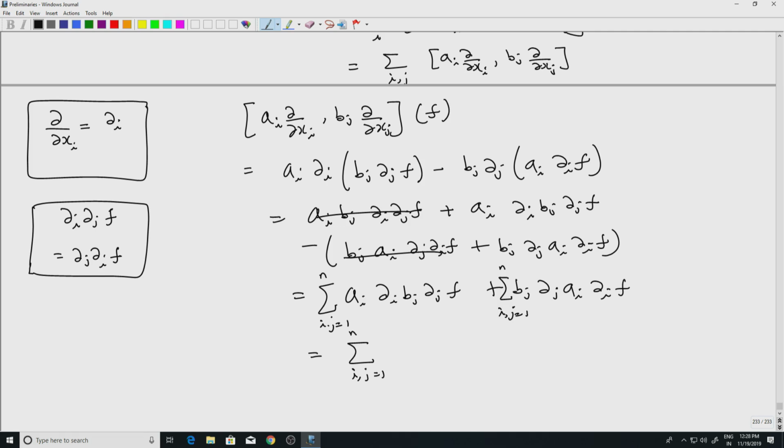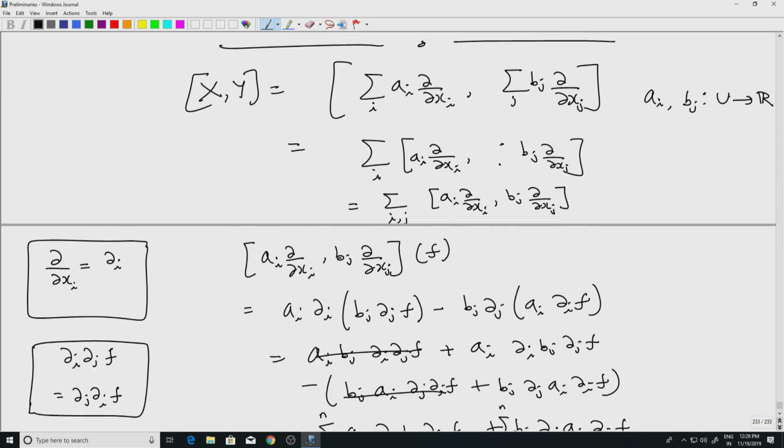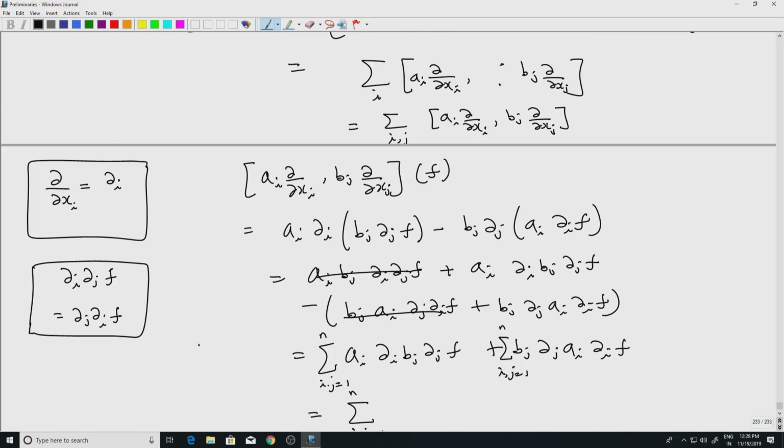Sorry, what I have here is not quite right. This is just the individual term. What I have written here, the summation, is actually the full Lie bracket, not the individual term.